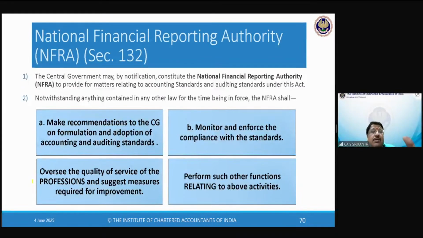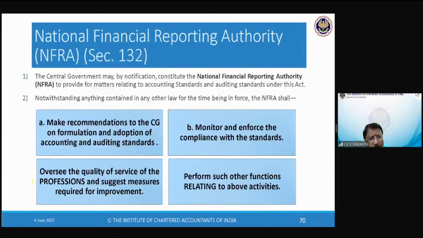One good thing is there's a positive side also to this. As I already mentioned earlier, when the institute was giving the standards, it could only make them binding on its members, like practicing members like me, who are signing audits, who are in the attest function. We were bound by the guidance notes, the auditing standards, guidelines and all that.